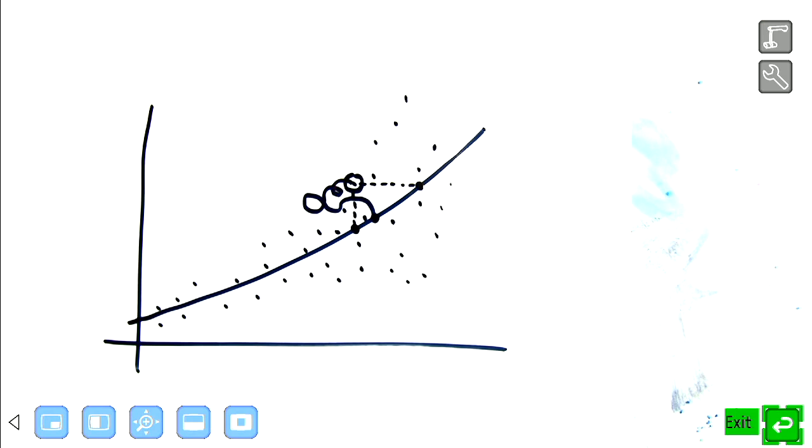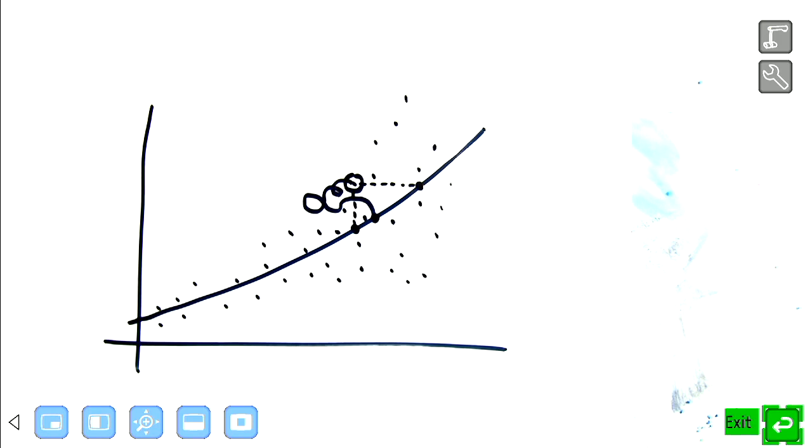Thing two, if we all agree that vertical distance is the thing to do, then we need to think of a way to minimise that, okay? So what we do is we take every point and we drop that vertical line from the point down to the fitted line, okay? And we sum up those distances, all right?